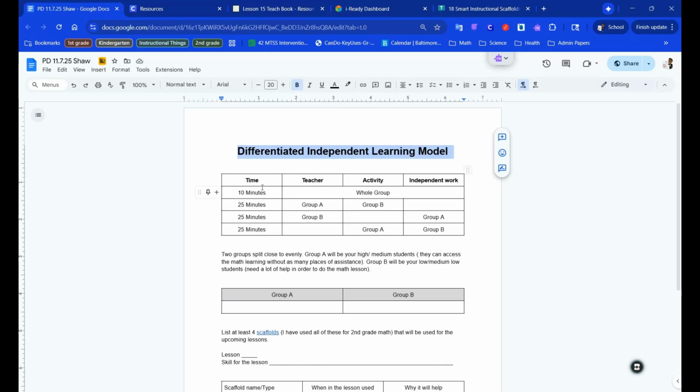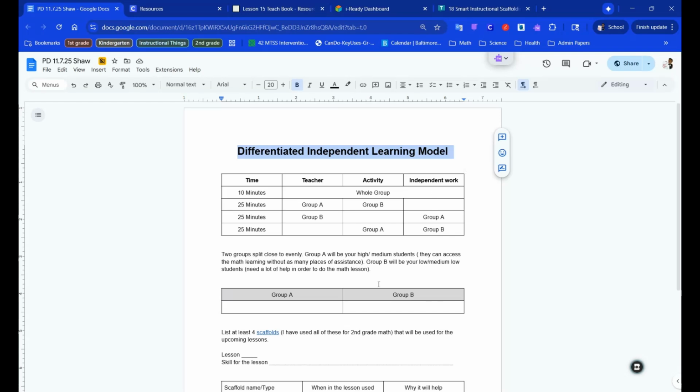Typically, we have about 85 minutes of learning time split between whole group math and small group math time. What I did was I took that whole 85 minutes and broke it up so that I wasn't teaching whole group to all the students at one time.